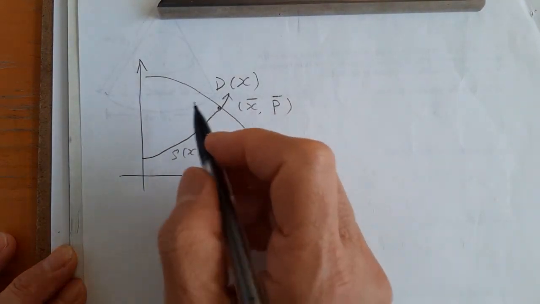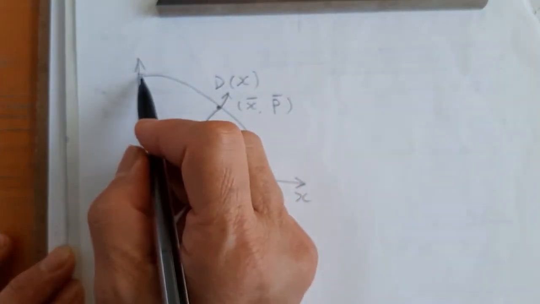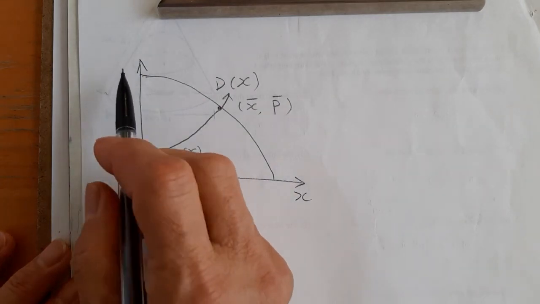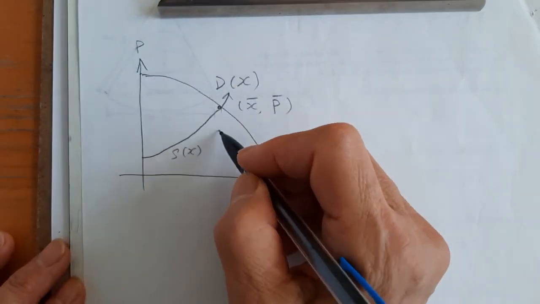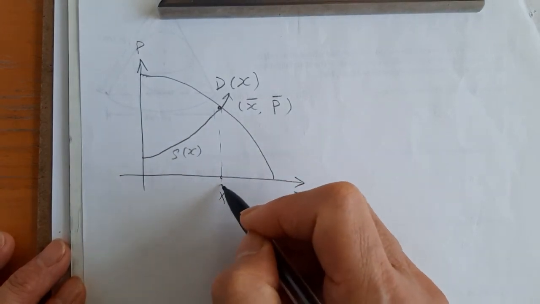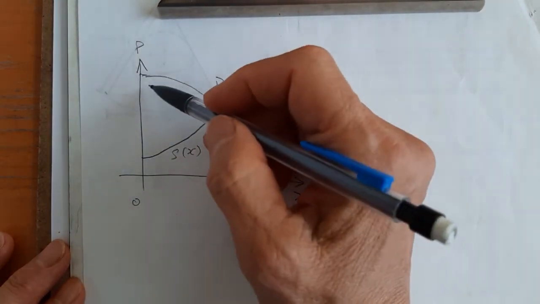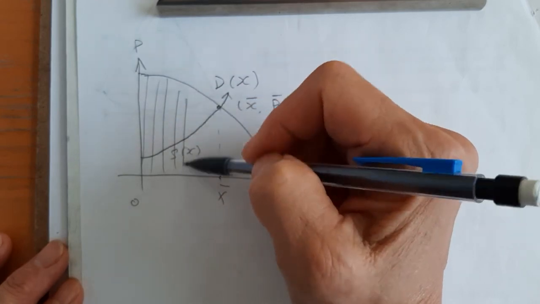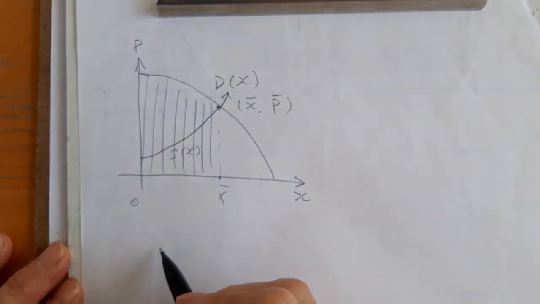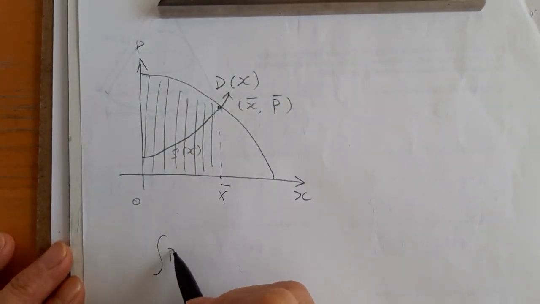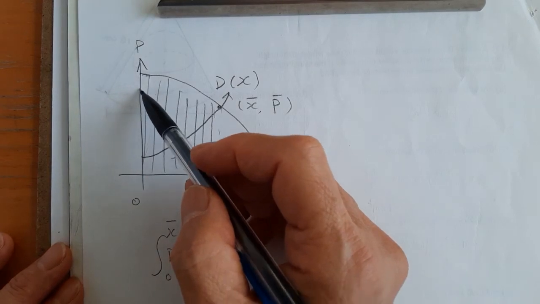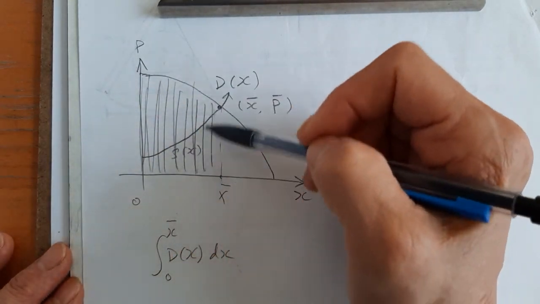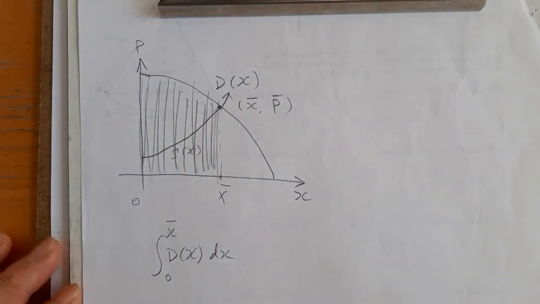Here it's x, here it's the p function. Now this is x bar, this is 0. If you take the integral of d of x from 0 to x bar dx, that is going to be this area.